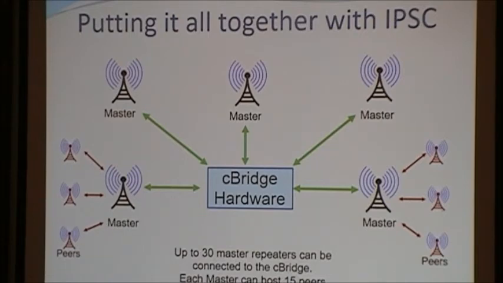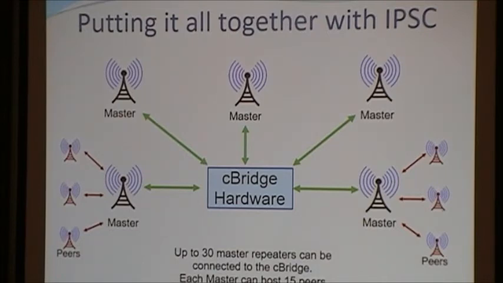Here is where we're talking about the difference between a master and a peer. The way our network is engineered, all the repeaters at all the sites are masters. The reason for that is there's less bandwidth to conduct between a master back to the C bridge and then back out to all the other masters. So we decided to do it this way.